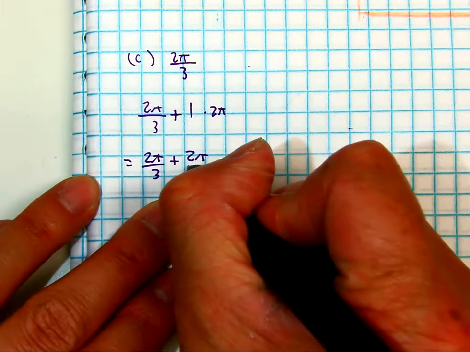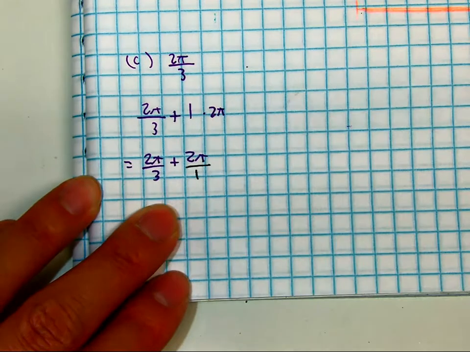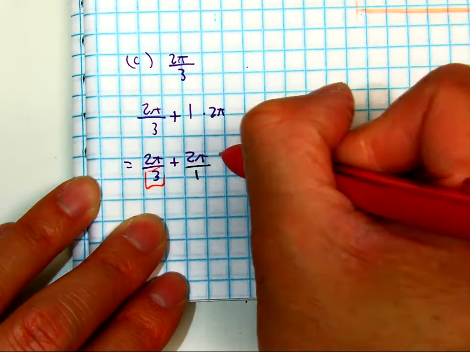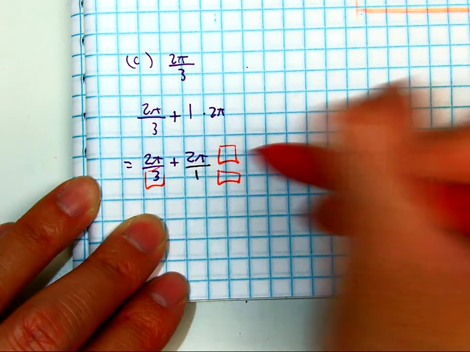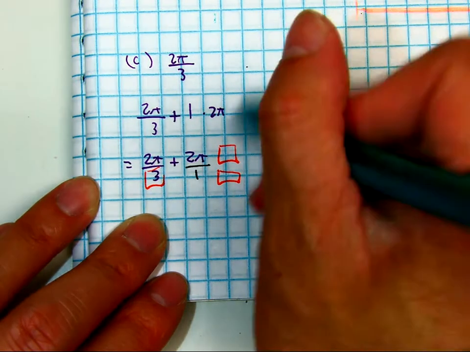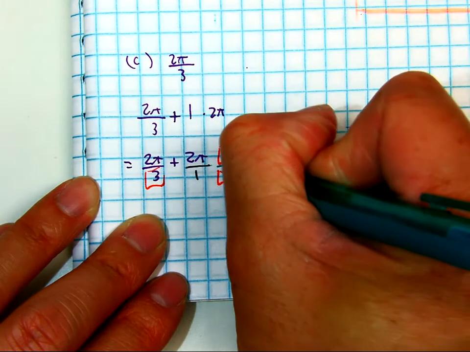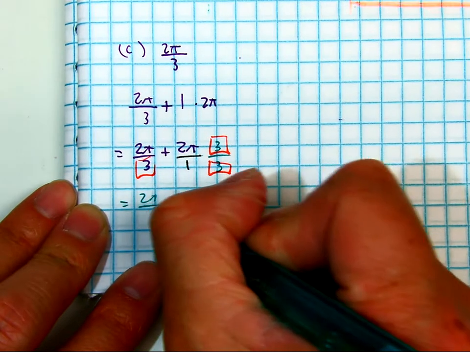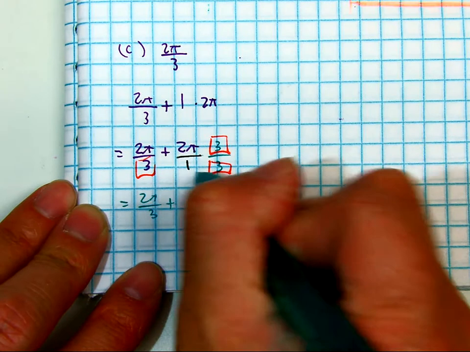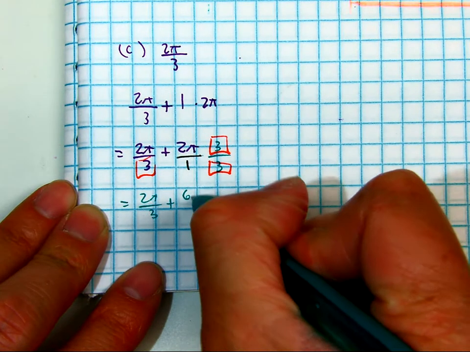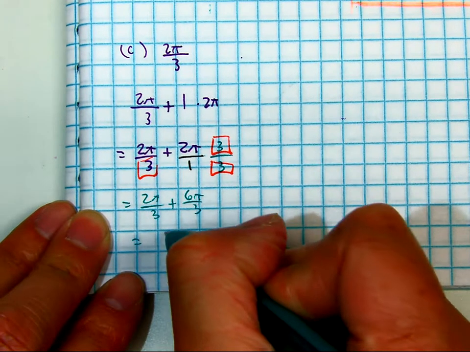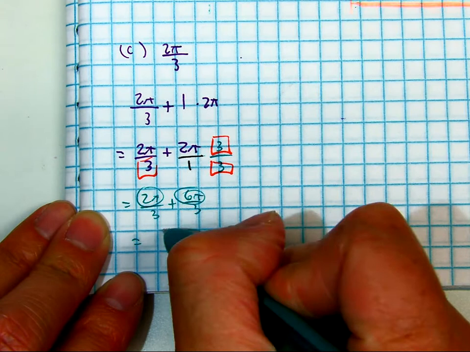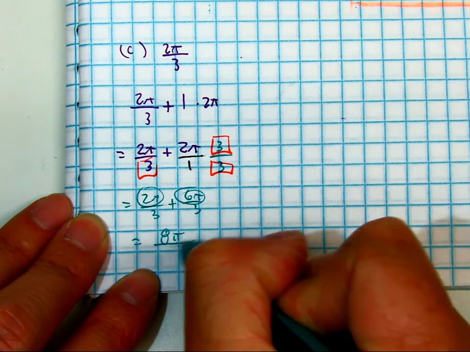No, I'm going to multiply by 1, and then I'm going to have to put it over 1, and then you get 3 over 3. That essentially means 2 pi over 3 plus, multiply across, you get what? 6 pi over 3. Then you just add the numerators, 8 pi over 3.